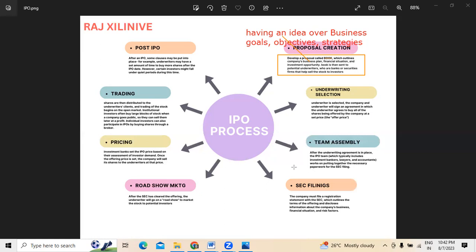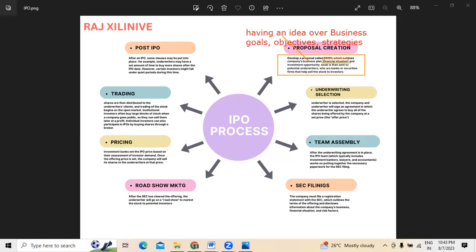The second one is called financial situation. Last time also I told you the same, right? This is where the financial statements analysis will be done: based on the profit and loss accounts and the balance sheets of the organization, how profitable they are, since how long they have been making profits, and what their assets and liabilities are, followed by current assets, current liabilities, and operational expenses.